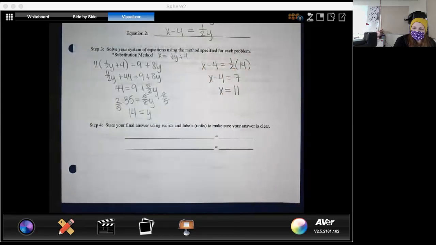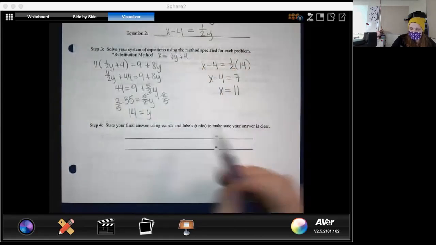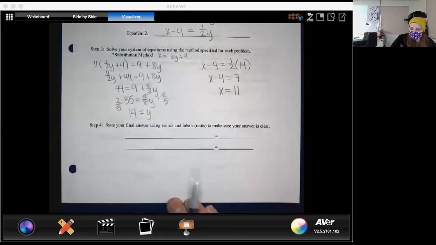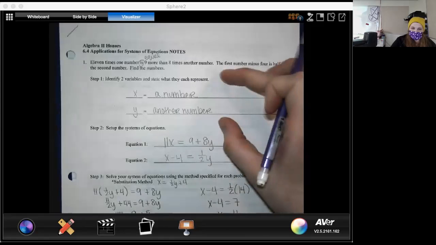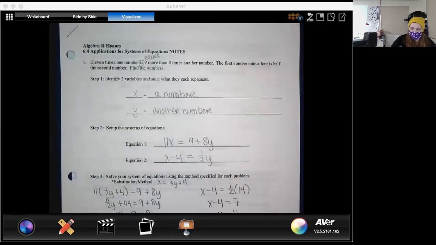All right, last step is to state your final answer. Now, because we're dealing with word problems, we are not going to state it as an ordered pair. We're going to state it with a whole statement. What you're going to do is take your definitions from the first step and rewrite them at the bottom.